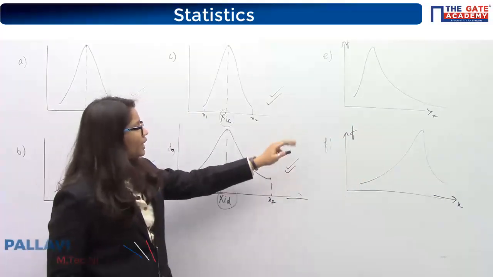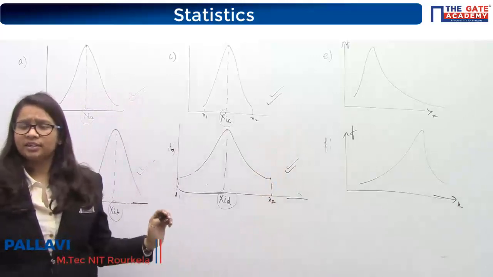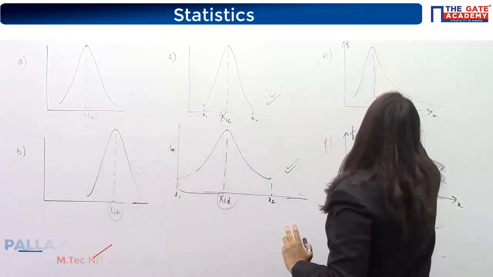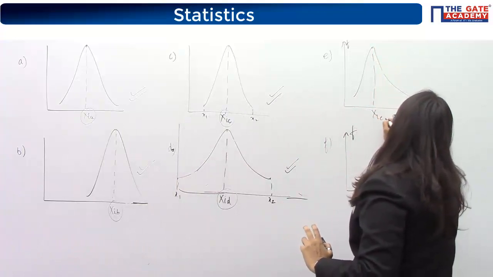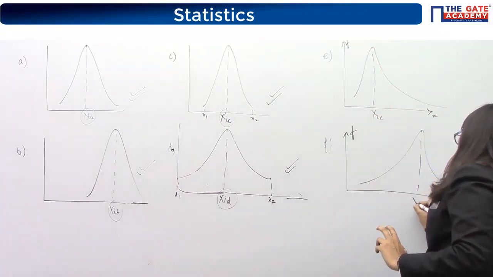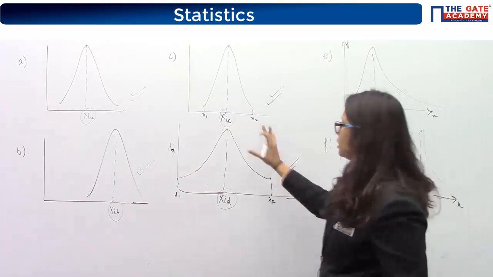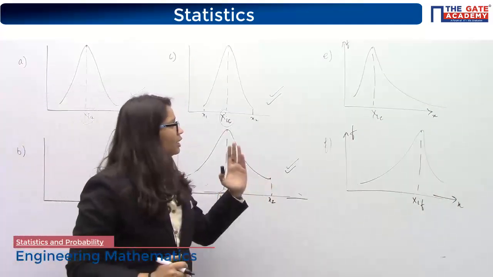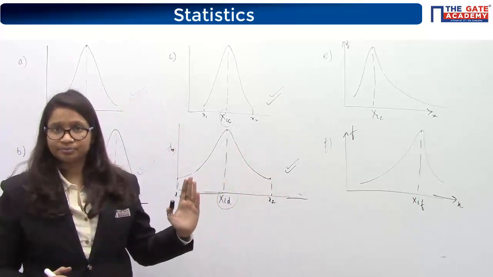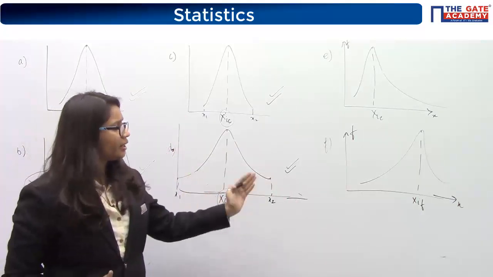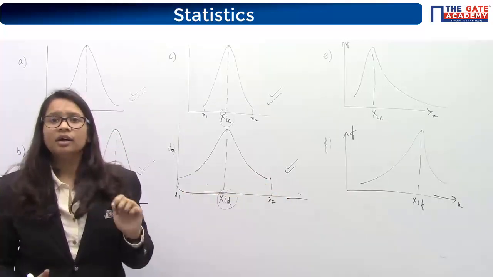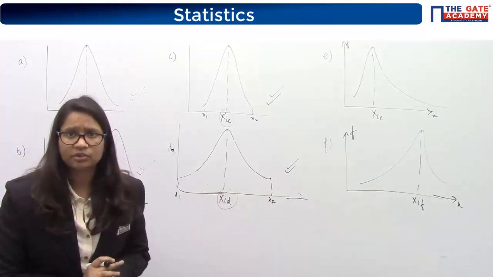Now let's come to E and F. What is the difference over here? The graph is not symmetrical in the cases of E and F. These are not symmetrical about your central value as in the case of all the others. Only defining the dispersion or only defining the central tendency will not have a great effect on distinguishing the graph.